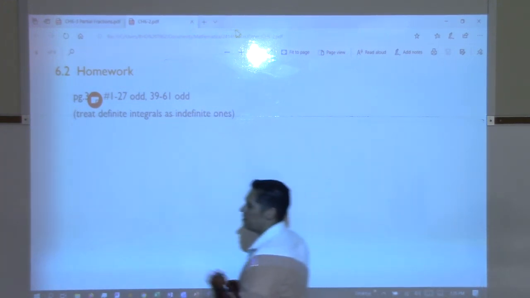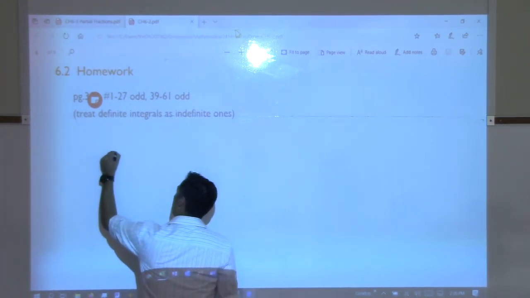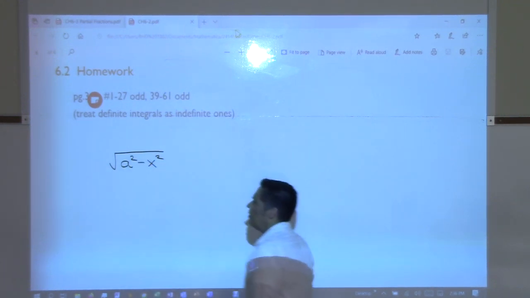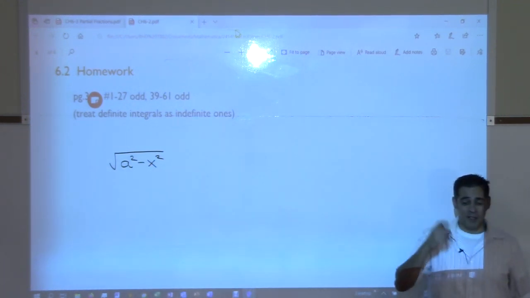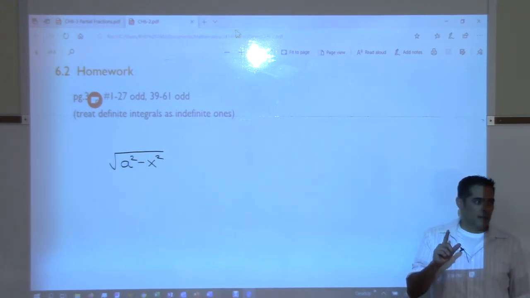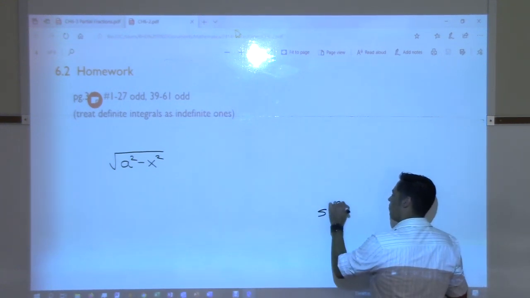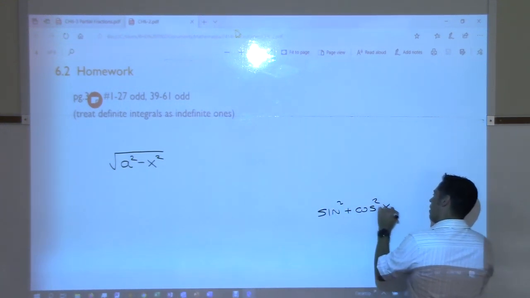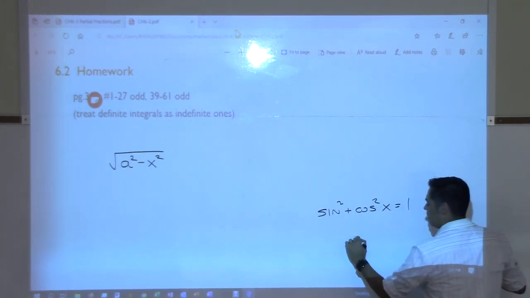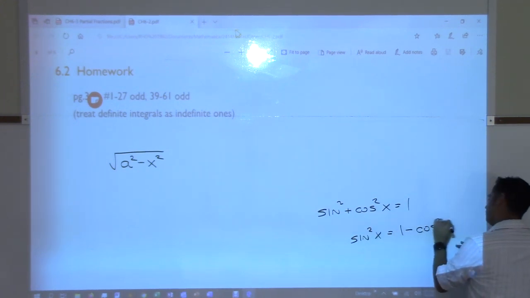Let's see if we can do this without cheating off of your cheat sheet. If you see this, let me tell you what I think when I see this. I think of the Pythagorean identity: sine squared plus cosine squared equals 1. If you solve this for sine squared, you get that, right?